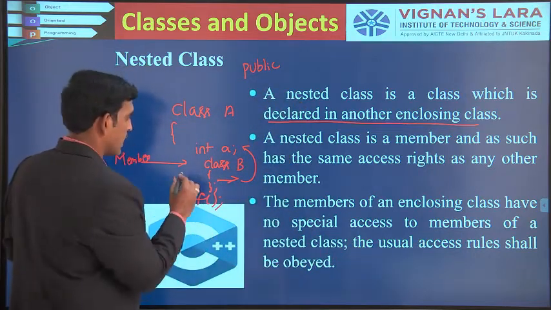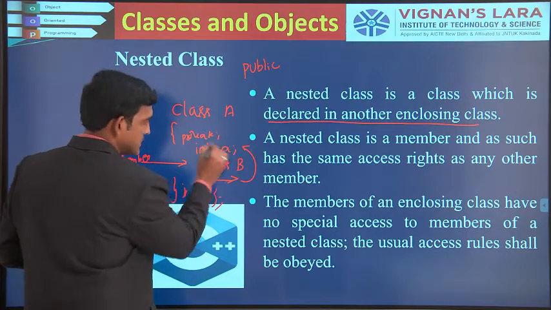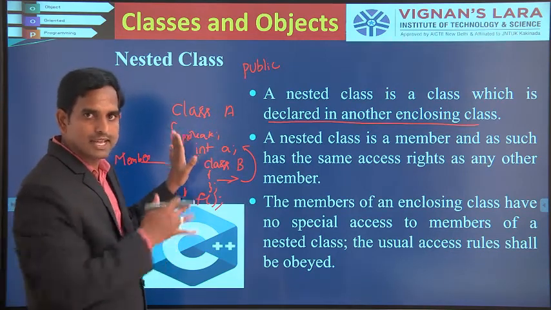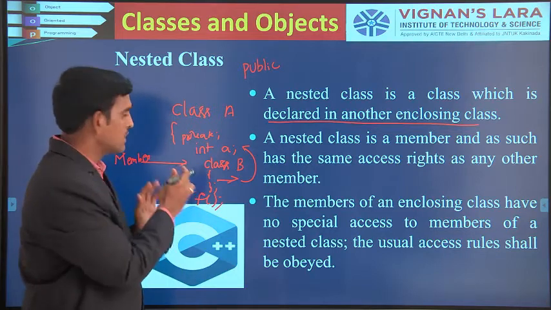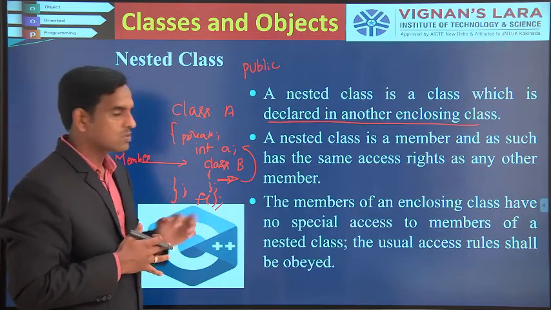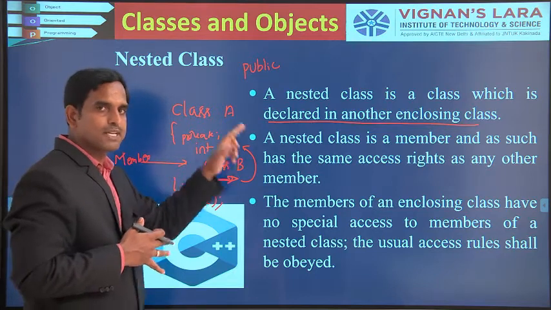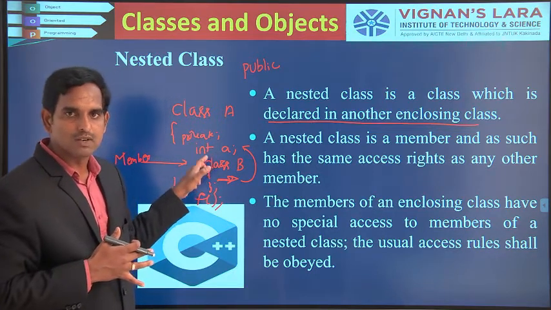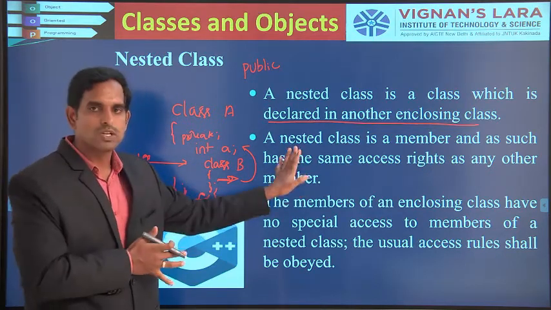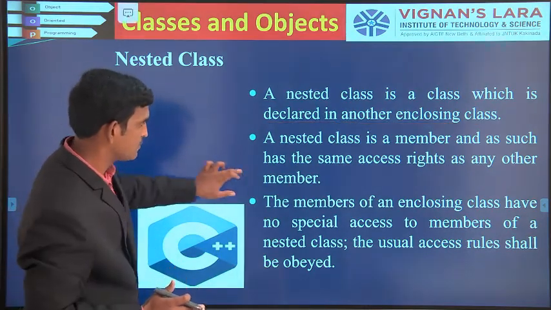If A is a private member, it will not have the same access right as a private member of class A, so class B doesn't have any special access to directly access A. Since this is a private member, it is treated as private to class A, so class B cannot directly access class A members. They have whatever access rights you have given for a member. We will see how it is implemented with an example.